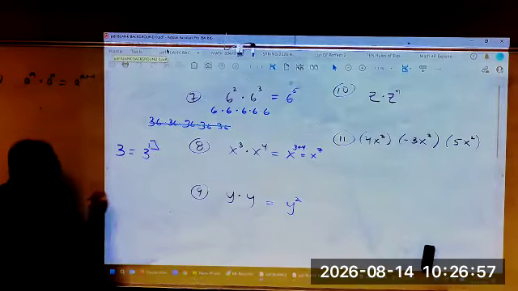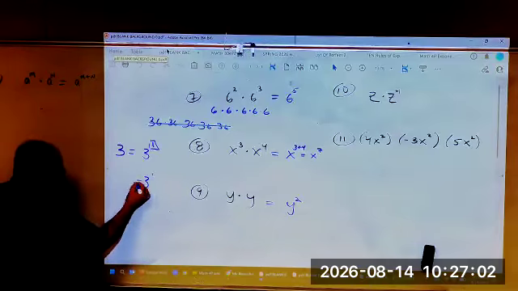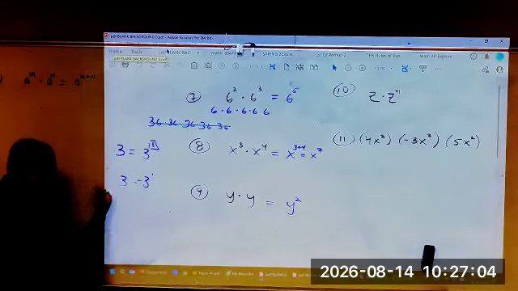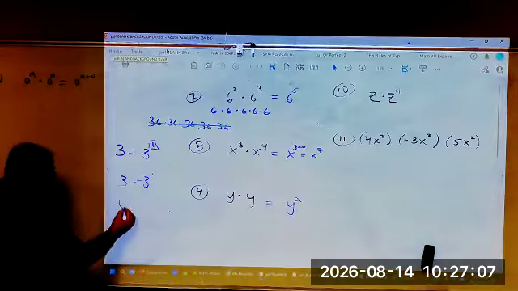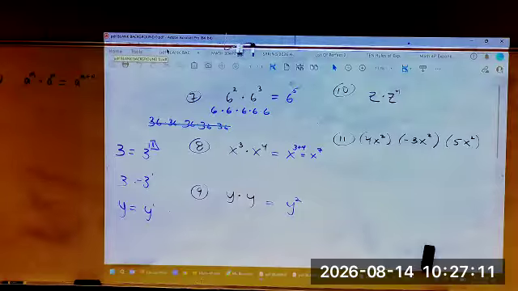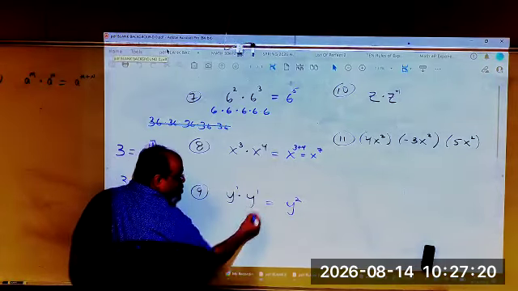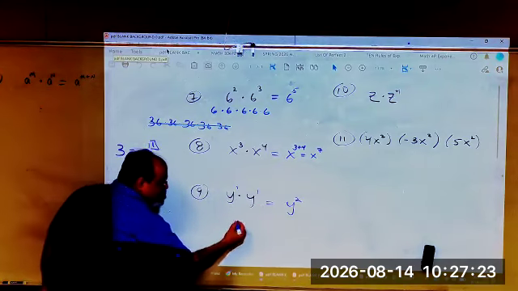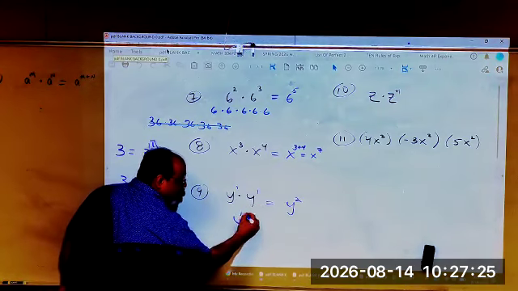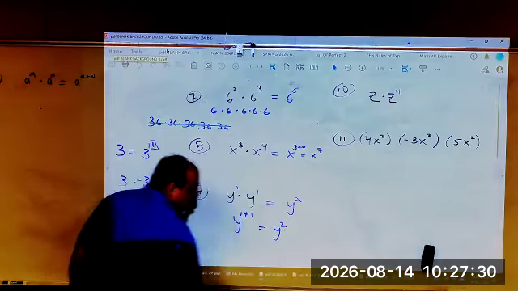There's a 1 here, but we don't write it as an exponent. We would simplify 3 to the first, that's just 3. So this y really has a 1 up there. But for the sake of the rules, this is y to the first times y to the first, and you're supposed to add the exponents, 1 plus 1. 1 plus 1 is y to the second.